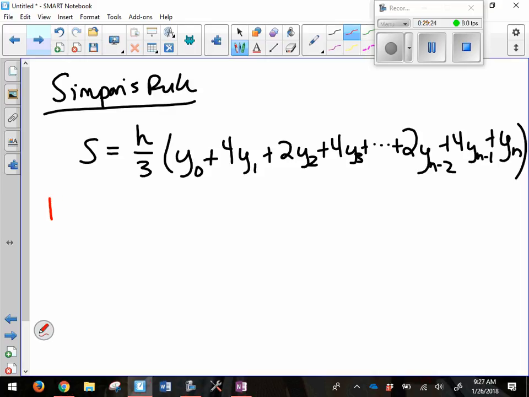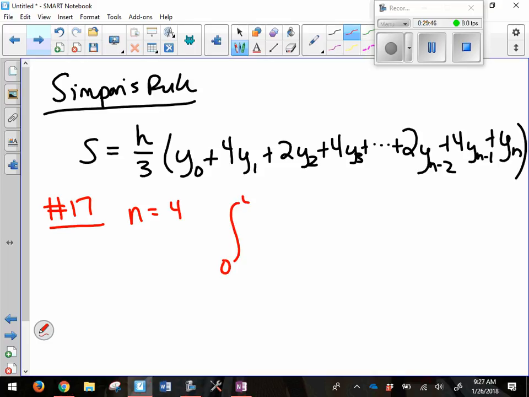So let's just try number 17 from the journal. I'm assuming that maybe we needed a little help with that one. Part A says to use Simpson's rule with n equals 4 to approximate the integral and then find the exact value to check.